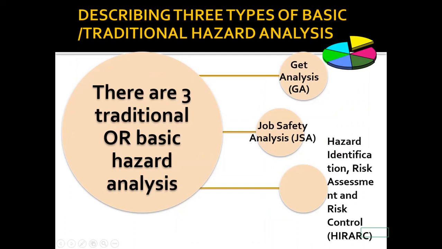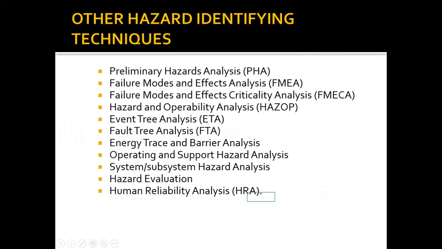And how to describe three types of basic or traditional hazard analysis. Number 1 is gap analysis, GA, job safety analysis, JSA, and hazard identification, risk assessment, and risk control, HIRARC.